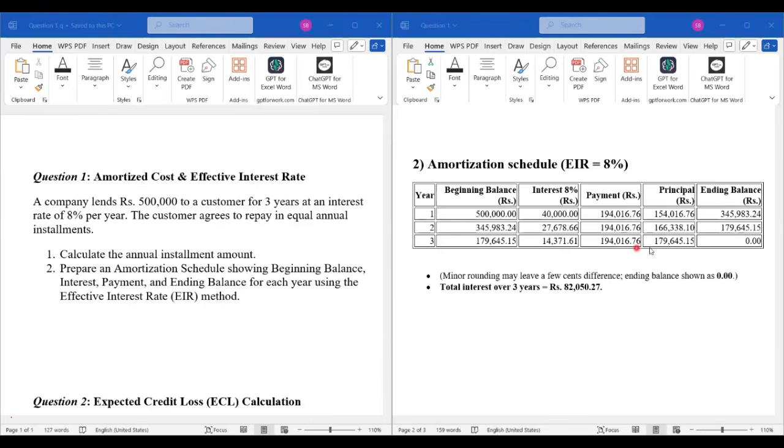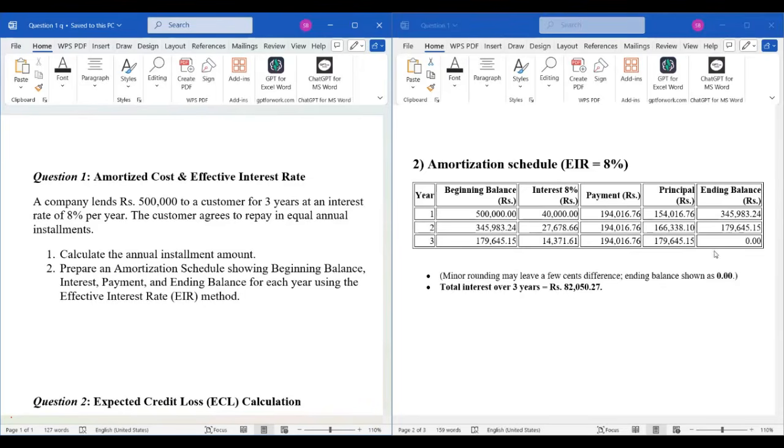So the principal amount will be 179,645.15, the same as the beginning balance of the third year. So the ending balance will be 0.